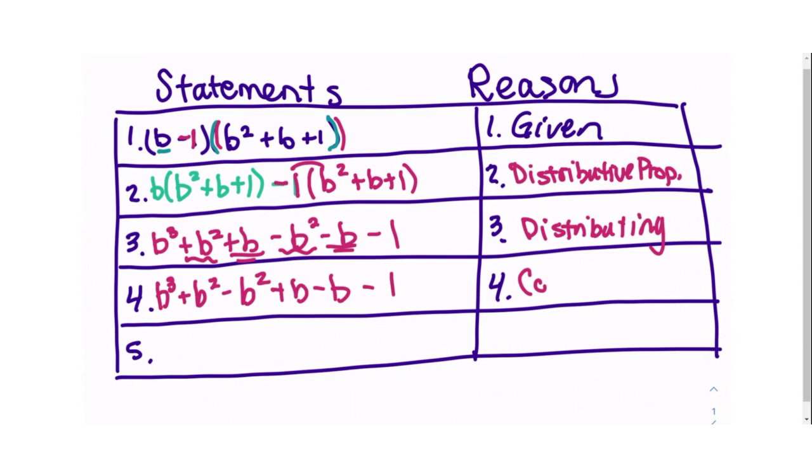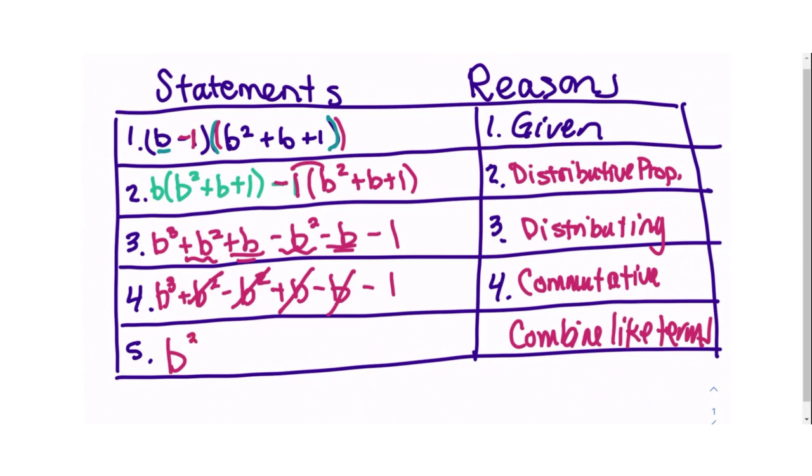That is the commutative property, meaning they commuted or moved. And then last thing we did was combine like terms, or you cancel things. So adding b squared and subtracting b squared, they cancel. Adding b, subtracting b, so we'd be left with b cubed, subtract 1. So that's what we did there.